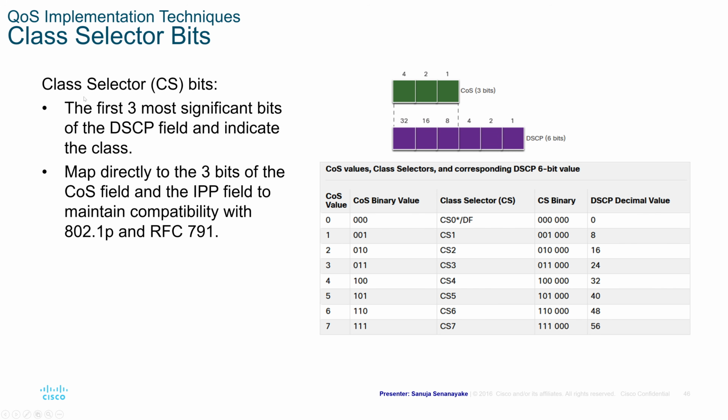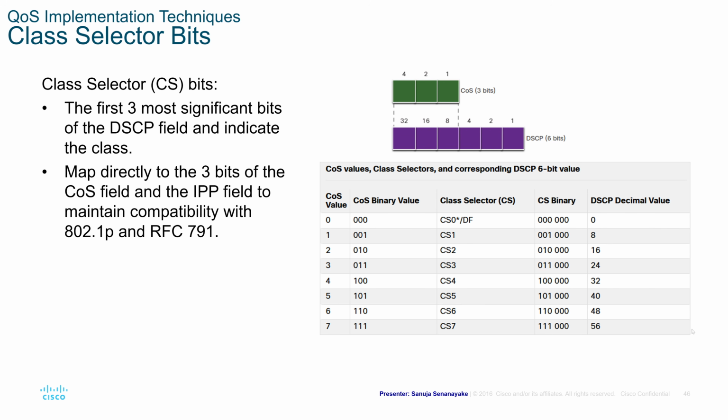So remember that. The class selector bits are the first 3 most significant bits of the DSCP field and indicate the class. And it maps directly to the 3 bits of the QoS field and the IPP field to maintain the compatibility.